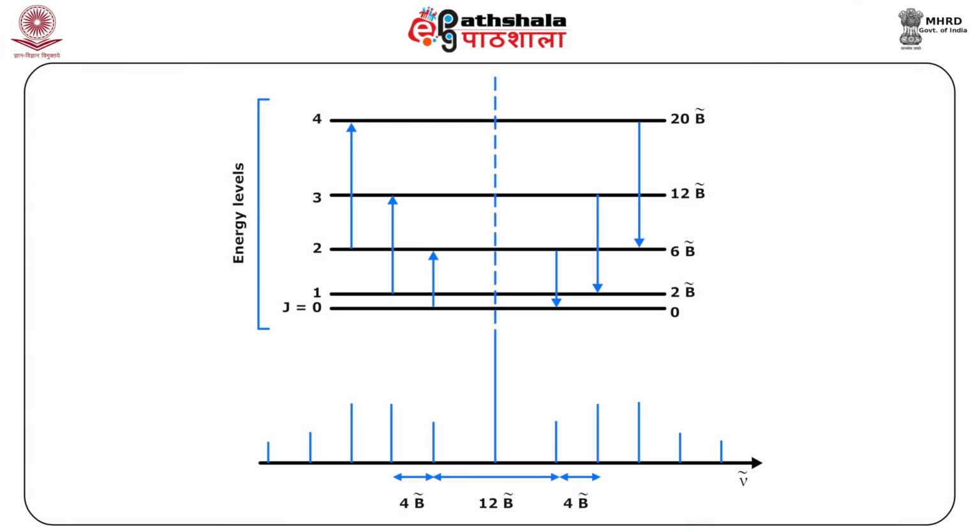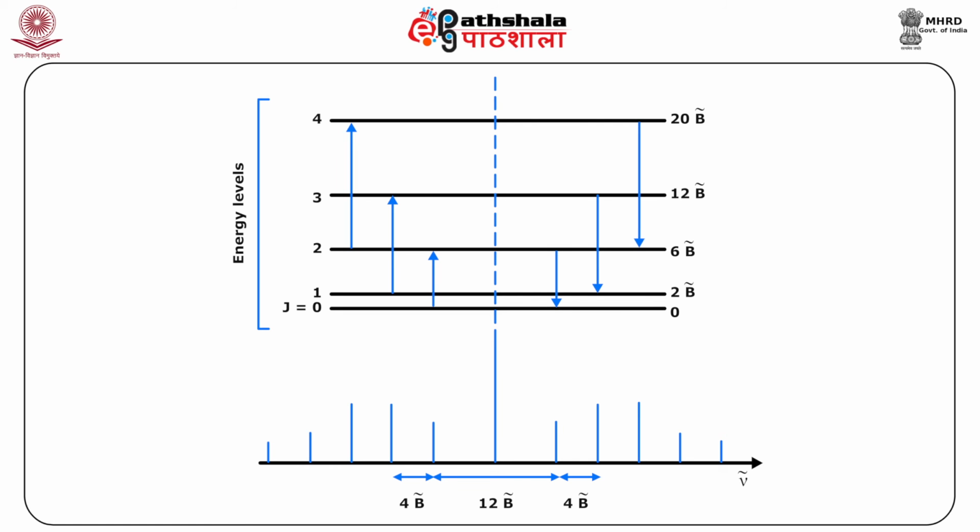And you have this spectra. You can see that the first line that is observed is from j is equal to 0 to j is equal to 2, which has an energy difference of 6 b bar. Then the other one is from j is equal to 1 level to the third level, and here the energy difference is 10 b bar, and so on.